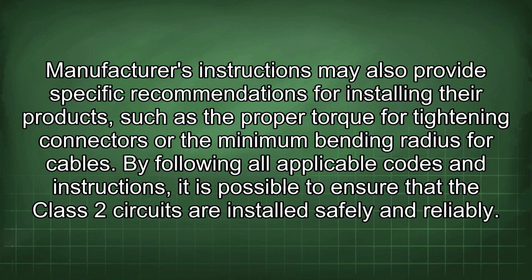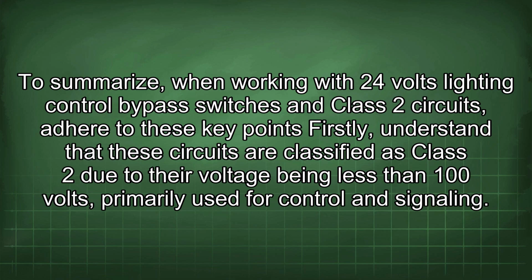By following all applicable codes and instructions, it is possible to ensure that the Class 2 circuits are installed safely and reliably. To summarize, when working with 24 volts lighting control bypass switches and Class 2 circuits, adhere to these key points. Firstly, understand that these circuits are classified as Class 2 due to their voltage being less than 100 volts, primarily used for control and signaling.